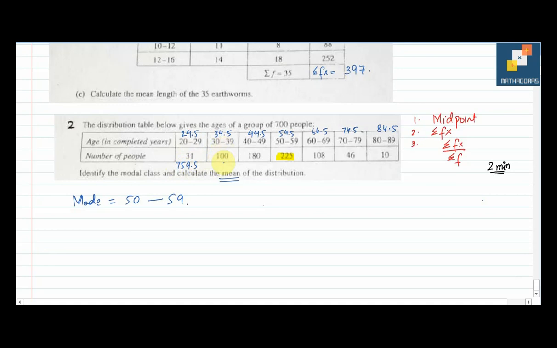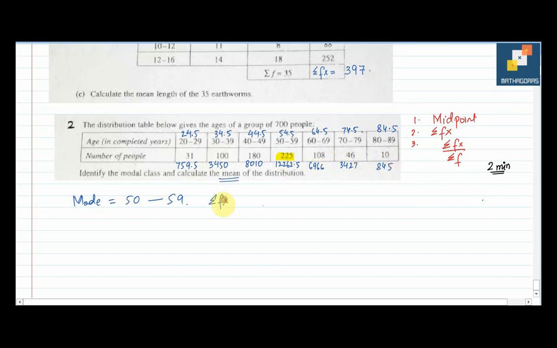Later on, 100 into 34.5, it's very simple, 3450. 180 times 44.5, it's 8010. 225 times 54.5, it's 12262.5. 108 times 64.5, it's 6966. 74.5 times 46, it's 3427, and lastly it will be 845. Now you have all the values.